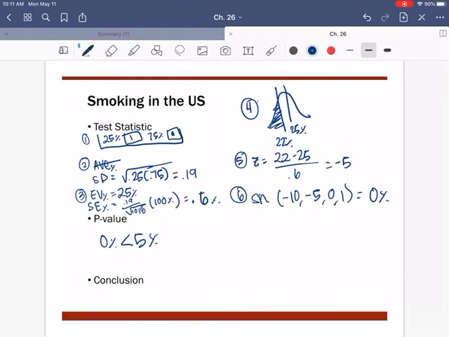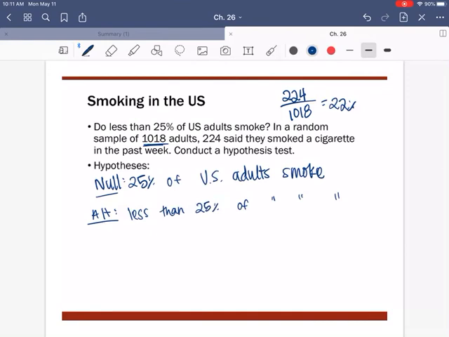Because -5, that's a very, very large standard error. Remember, we typically just go to 0 standard deviations or 3 standard deviations or standard errors. So since it's 0%, that's less than 5%. So we can conclude that we reject the null.